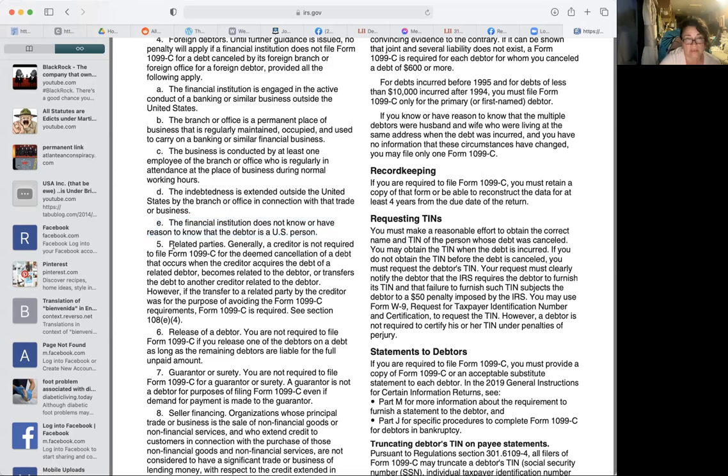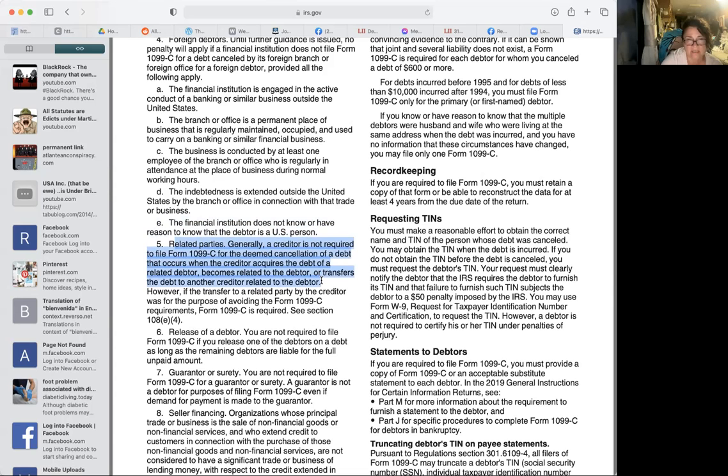Related parties. Generally, a creditor is not required to file Form 1099-C for the deemed cancellation of a debt that occurs when the creditor acquires the debt of a related debtor, becomes related to the debtor, or transfers the debt to another creditor related to the debtor. Oh my gosh, are you serious?